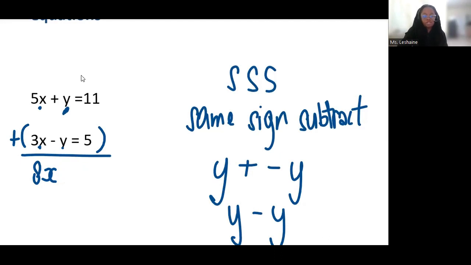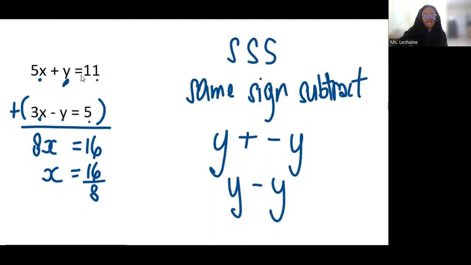Some teachers might put a plus 0. That's okay, but it's just redundant. 11 plus 5 is equal to 16. Now, if 8x is equal to 16, we know that x would have been equal to 16 divided by 8, and thus x is equal to 2.